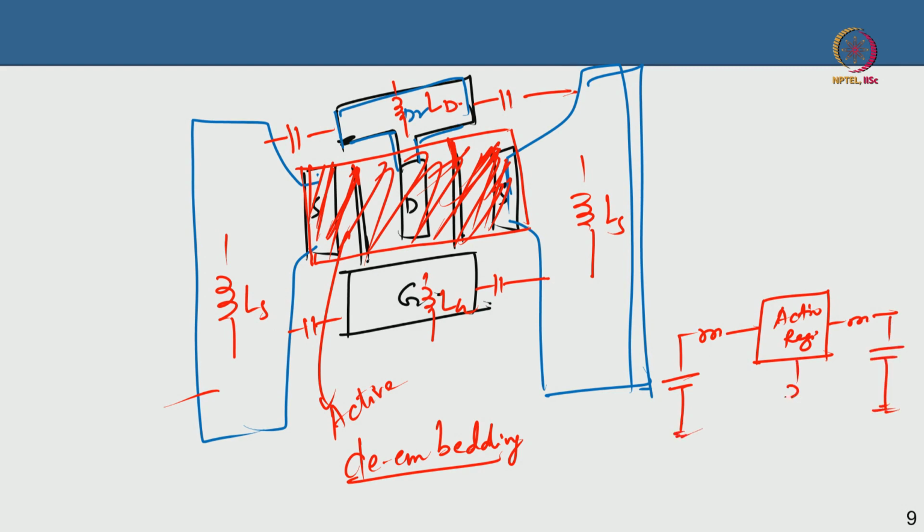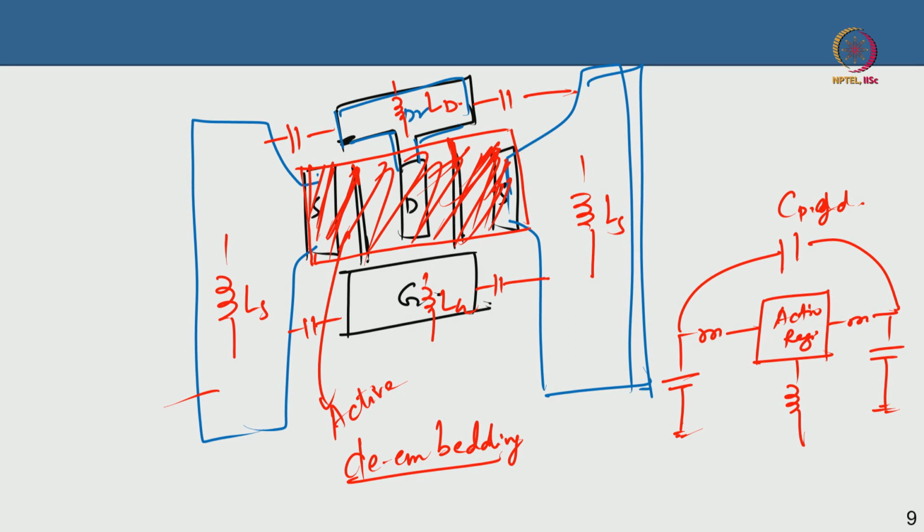These are the inductors and these are the pad capacitors, and of course you will have one capacitive coupling between the input and the output, CPGD, as I told you already. That is how it looks. Now I have to build a model around it.